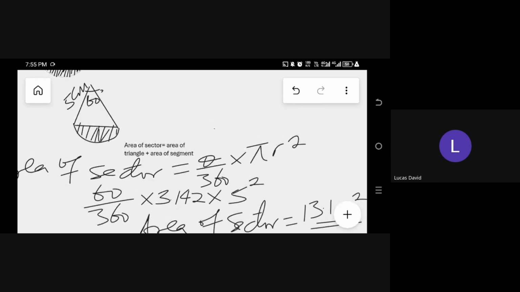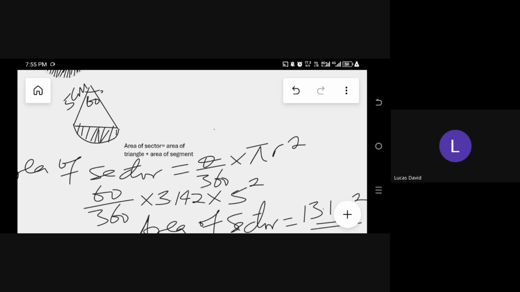like I've said severally, is a summation of the triangle at the top and the segment at the bottom, and we're looking for the area of that segment at the bottom. So if we can get the area of the triangle at the top, then since triangle plus segment gives you the overall sector, we can simply say area of sector minus area of triangle.